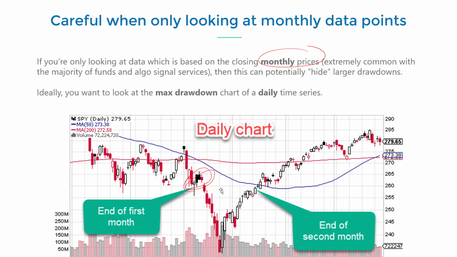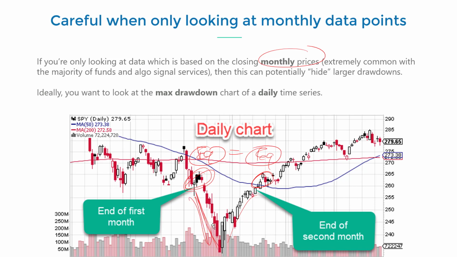Because if this over here is the first of the month, and then you get this big drop, in this case you got a V-shaped bottom, so you don't have to be in too much pain for too long. But let's say that at the start of the next month you're back here again. When you then look at the performance graph that they're actually showing you, in terms of your equity, the equity here and the equity here is exactly the same. So you see no drawdown.